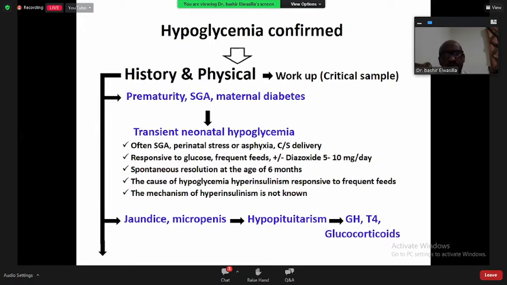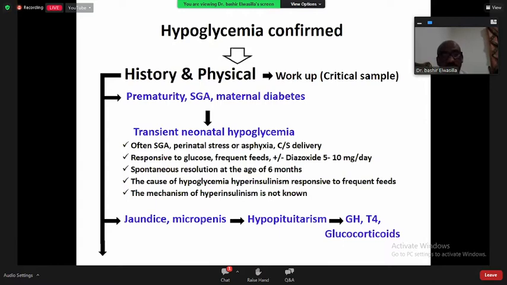The cause of hypoglycemia here is hyperinsulinism, but it's hyperinsulinism that is responsive, not like the persistent hyperinsulinism, which is not responsive. This is transient, responsive to frequent feeds, and here the mechanism of hyperinsulinism is not really known.